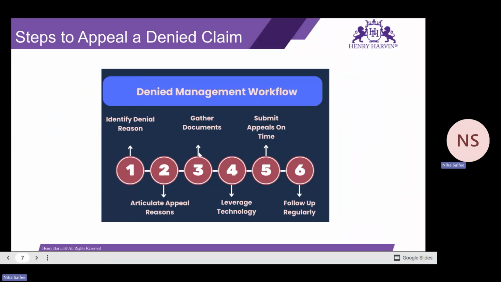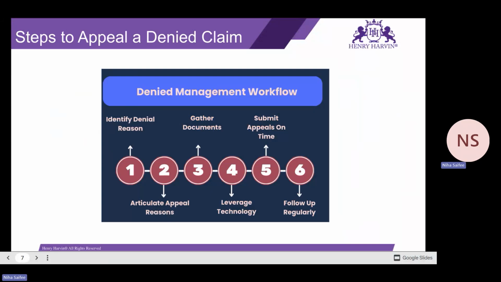You identify the reason, articulate appeal reasons, gather all the documents, leverage technology, and resubmit the claim. Then again you follow up regularly. So denial management also has to go through a proper flow.